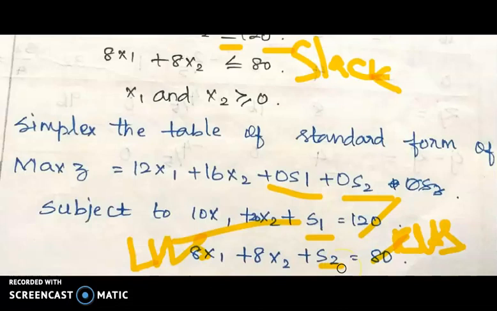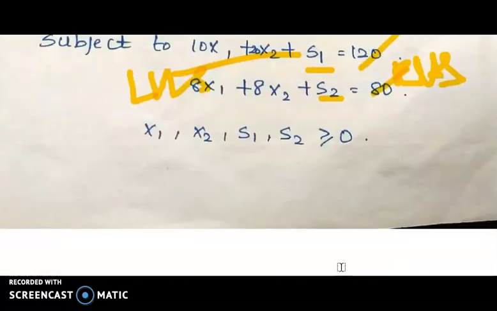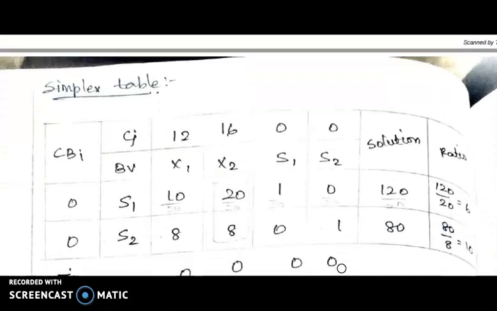The fourth step is to obtain the initial basic feasible solution to the problem and put it into the first column of the simplex table. After that, we form the simplex table.